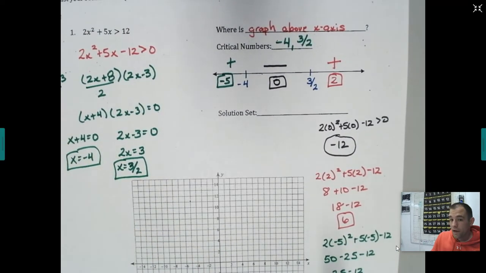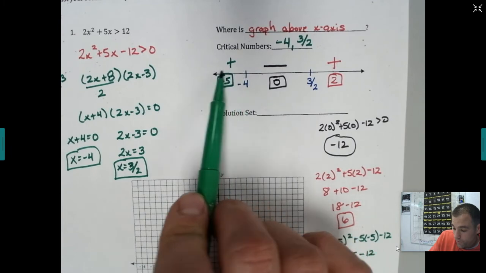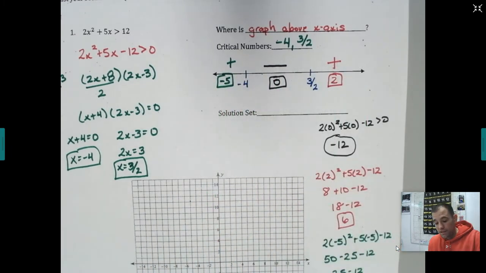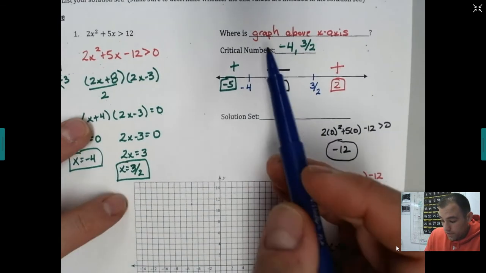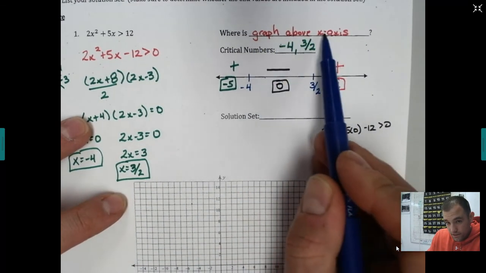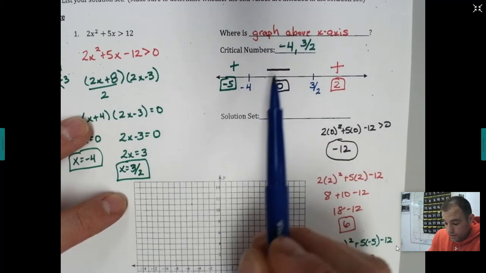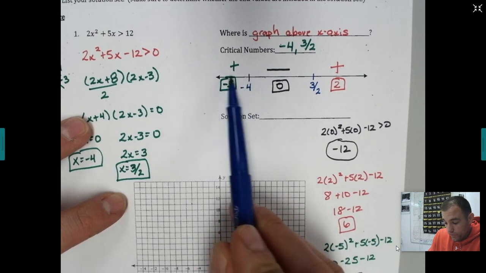Okay, so now I see this part of the graph would be positive, this part would be negative, this part would be positive. And by positive and negative, I mean above or below the x-axis. Okay, so that means that the answer to my problem, because I want it above the x-axis, right? I want to know where it's positive. So above means positive, so that means it would be this interval.